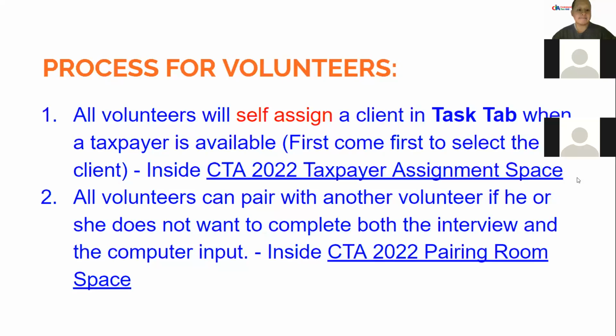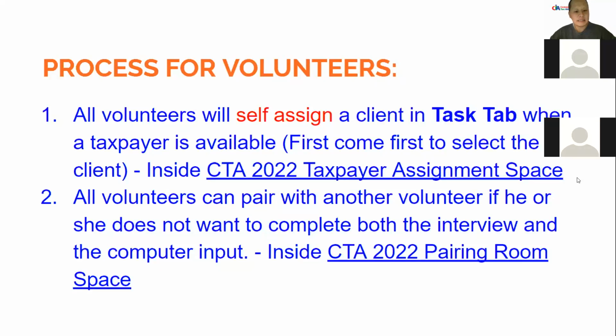Another thing is that when we're doing pairing, as Emil was mentioning last year, you could do the interview or you could do the computer work. Last year, based on that Fountain House room, or the space that we had, it worked out pretty well. We're probably going to be doing a very similar thing this year.